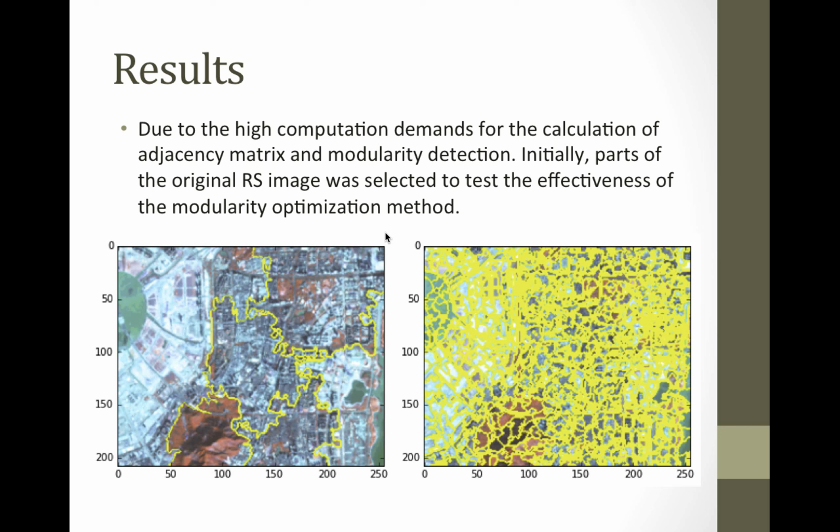In this algorithm, we can see that it can detect the larger boundaries of landscape features, but it still failed to capture lots of small urban patches in each superpixel. But after we applied the Louvain method, the result is shown on the right.